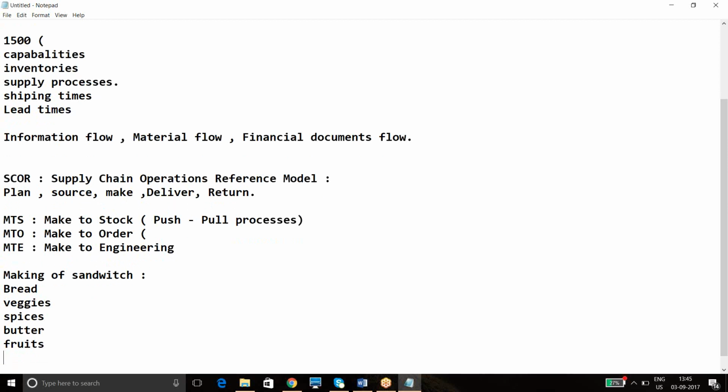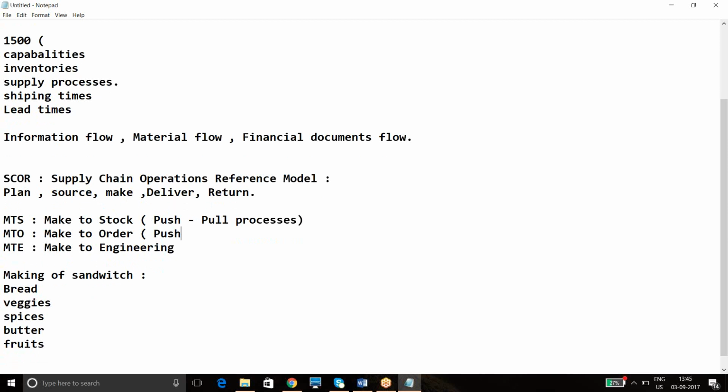In make to order, it was not highly influenced, so you still expect some push process and some pull process here, because you have already cut your bread into slices, prepared the veggies, and stocked up the spices, but how much you're going to add, the quantity and all, you decide at the place where you assemble the sandwich. At that point of time, you decide what to do. But in make to stock, obviously the customer doesn't have any freedom to choose.